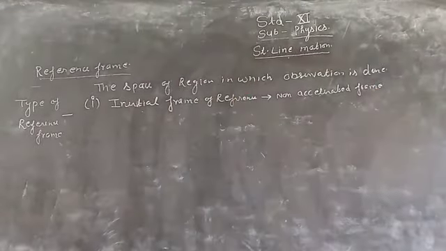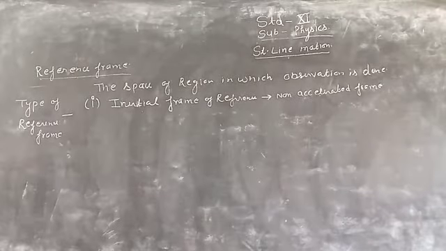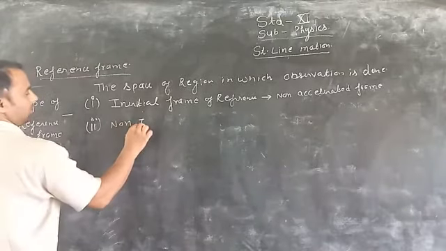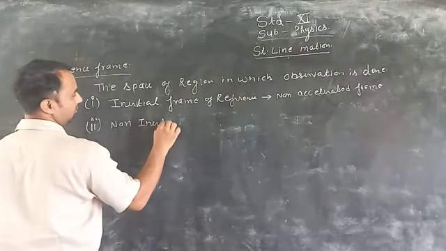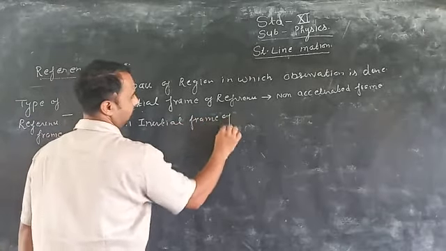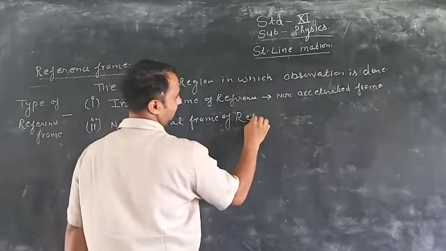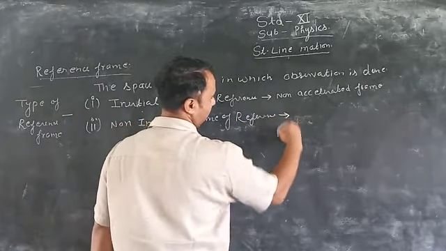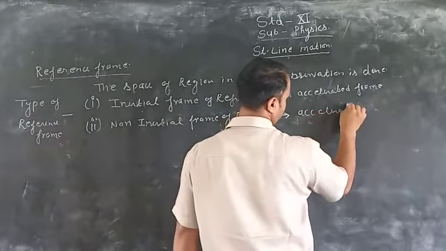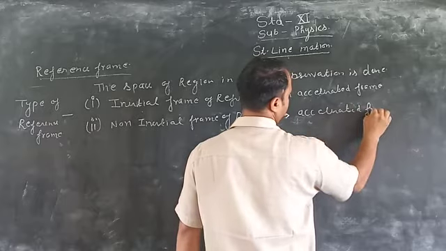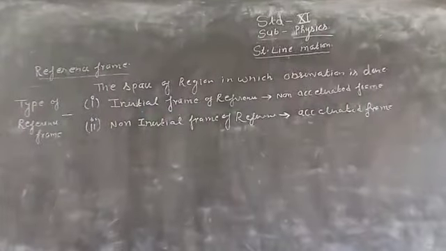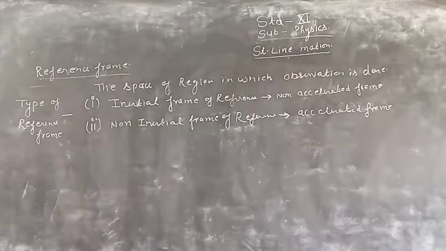Non-accelerated frame is called inertial frame of reference, and second, non-inertial frame of reference. Accelerated frame is called non-inertial frame.